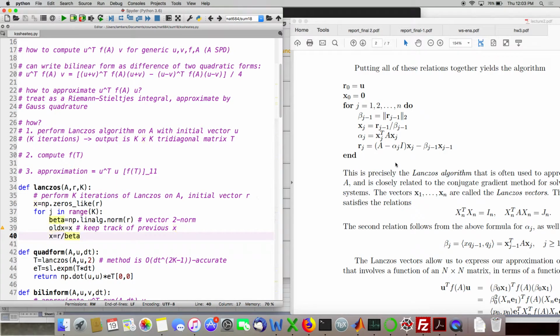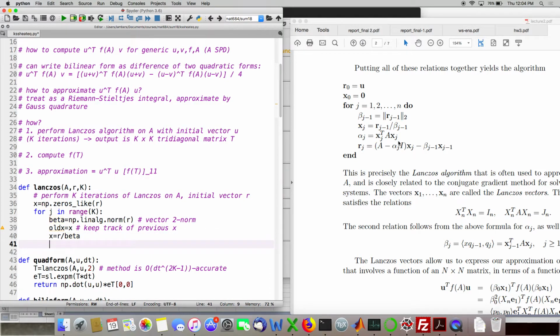Now, I have these 2 steps to perform, but notice here we have a xj. Here again we have a times xj. If I type this exactly as it's written here, that's 2 matrix vector multiplications that are the same thing. That's wasteful. So I'll perform a matrix vector multiplication, or a matvec, up front. I'll make a variable called v, and it'll be a times x.